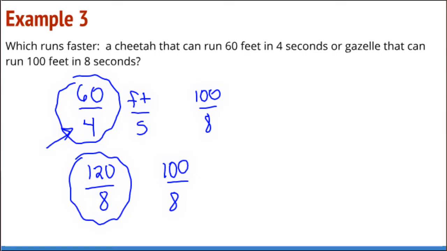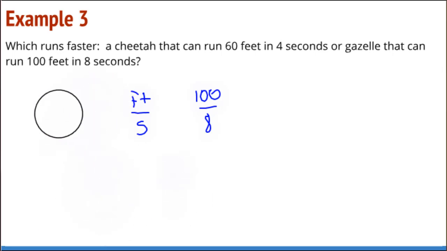So we do need to be able to get this down to feet per second instead of feet per 8 seconds. So we would want to make sure that we are able to scale and get these down to a feet per 1 second.